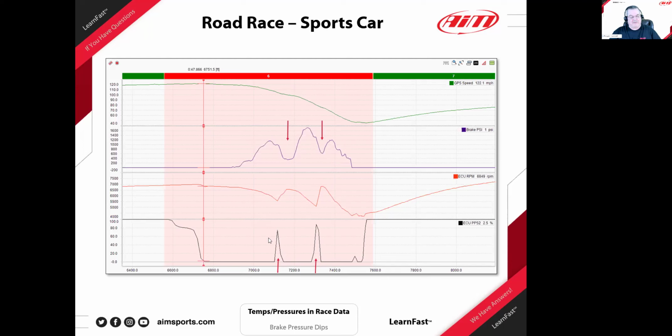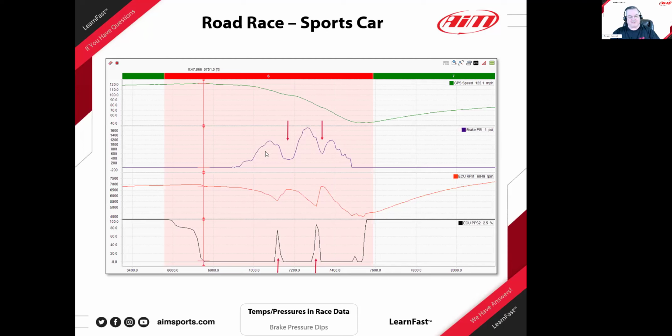Every time that the driver goes to blip the throttle, he's also releasing brake pressure. It's just something that I see a lot of folks don't review. They say, hey, I'm not great under braking, and the car is always twitchy, loose under braking, or all these different things.